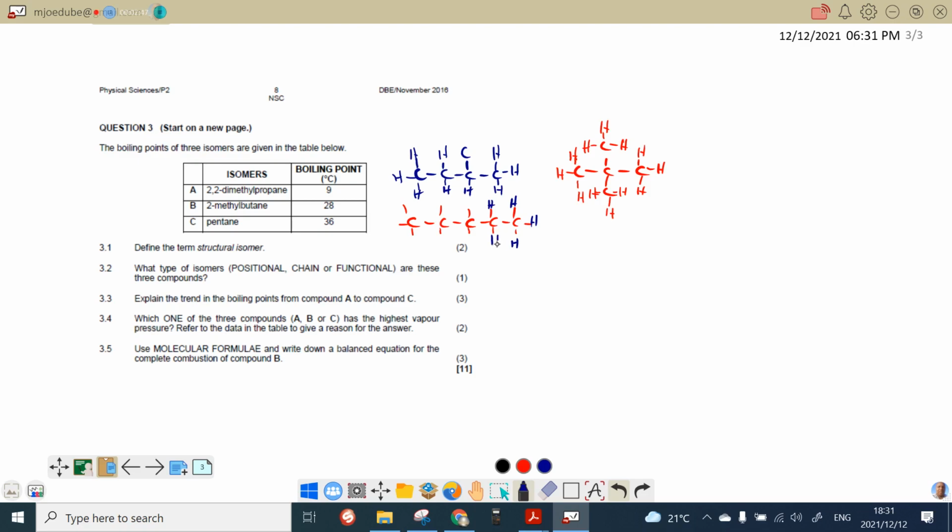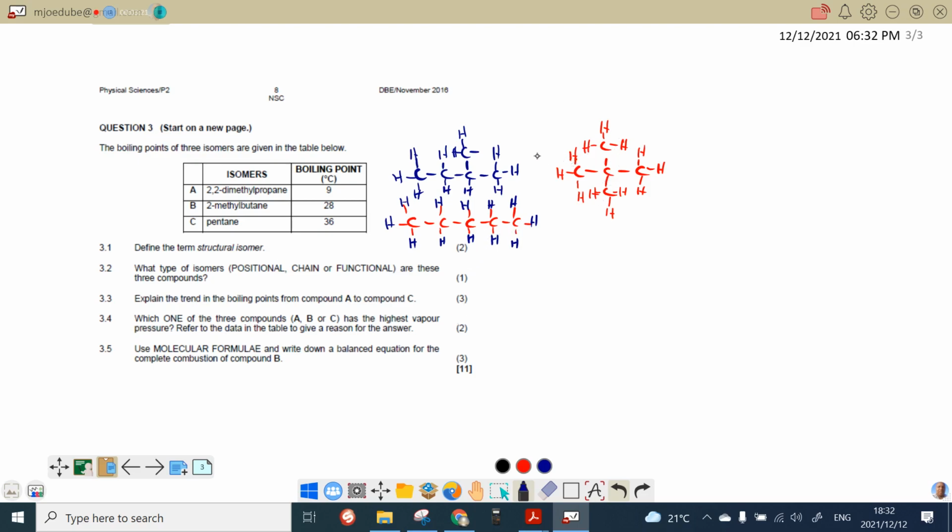So this here is your long chain, and because it is long, the molecule has got the forces acting over a larger surface area, and because of that it's going to have a very high boiling point. Your 2-methyl butane is slightly shorter than the other one, and therefore its boiling point will be slightly less as well, because it is more compact than the pentane.